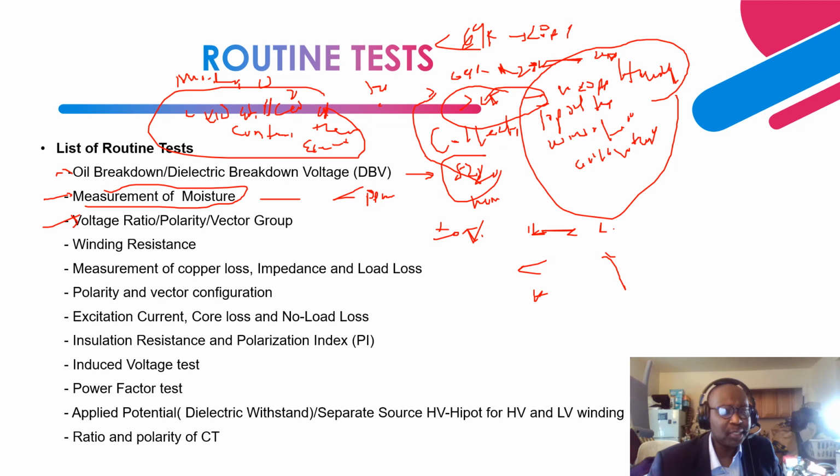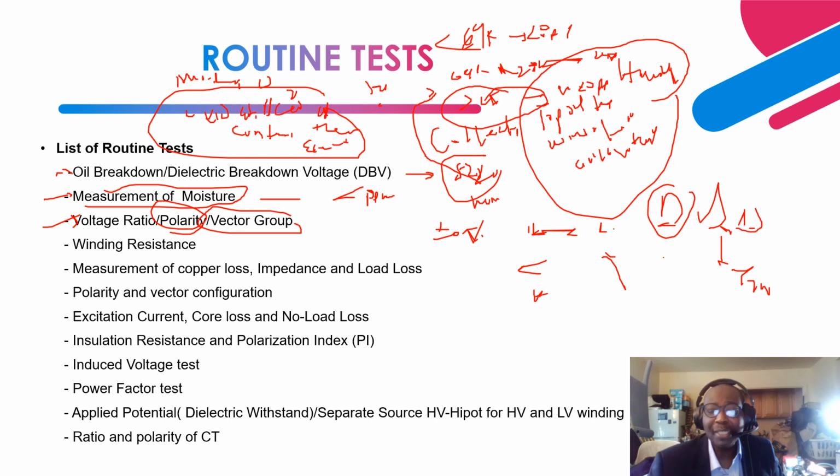During the testing of the voltage ratio, the polarity and the vector group are also determined. For the vector group, if you have a Dyn1 transformer, the high side is wound in delta and the low side is wound in wye with neutral. This is the phase shift, so what we are doing is verifying the phase shift between the high voltage side and the low voltage side.